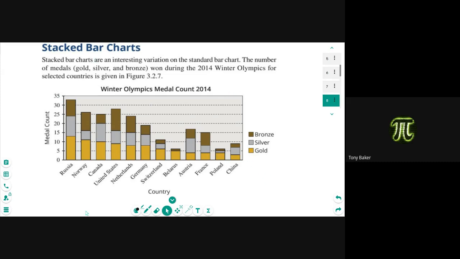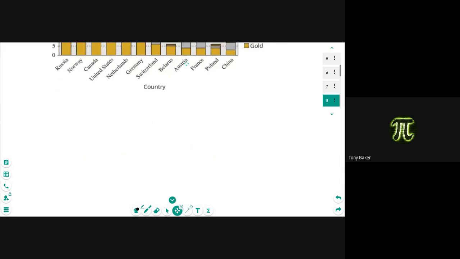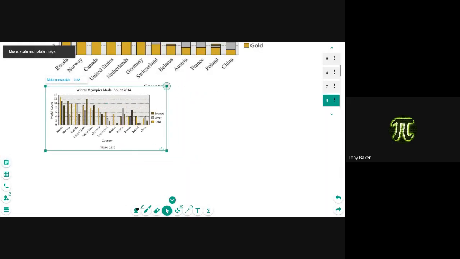Whenever you're looking at this, our categories in this situation would be the countries. And then they stack the medals on top of each other. So this way it's easier to recognize what we're looking at. Instead of showing you a graph, these two graphs show the exact same thing, but this one's a lot harder to read.